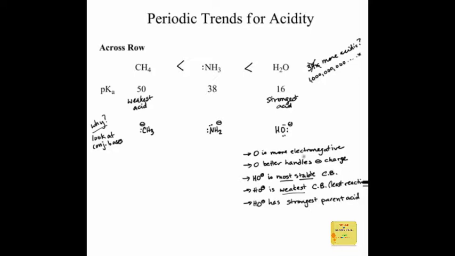Now let's go through the opposite argument for over here, on why this is maybe not such a great conjugate base. Okay, what we can say here is that carbon is the least electronegative of all of these carbon, nitrogen, oxygen atoms.